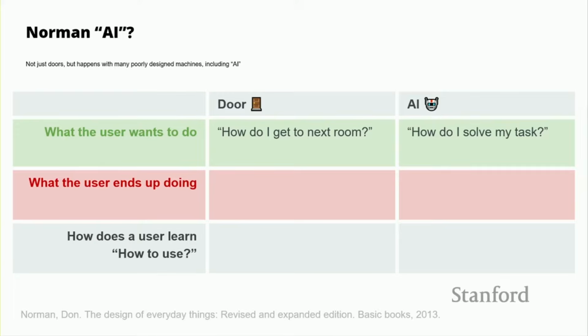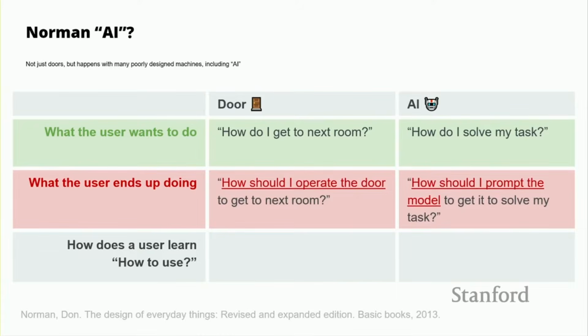But as mentioned, you can think about this within AI, not just about doors. For a door, the question you're interested in asking is, how do I get into a room? Push, pull, slide, all that stuff. For AI, at least for most people engaging with AI technologies, the question is, how do I solve a particular task using some AI tool? That's what the user wants to do when engaging with the technology.